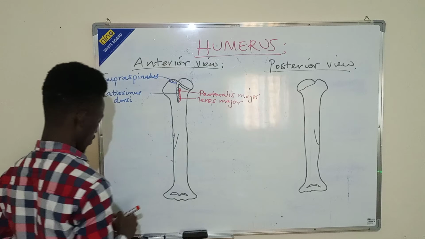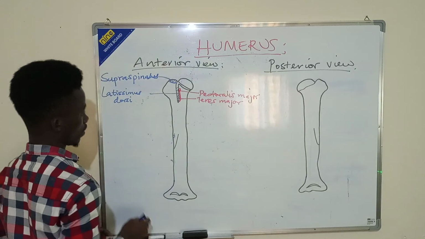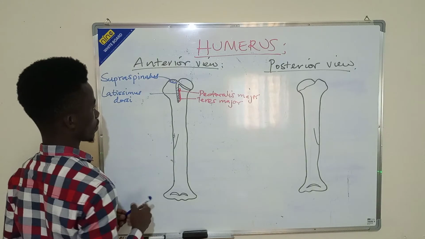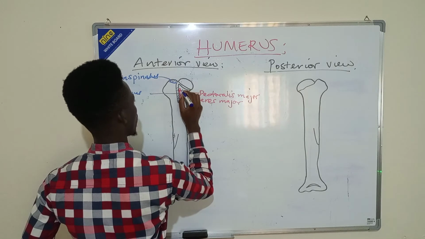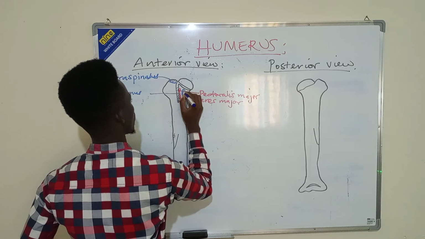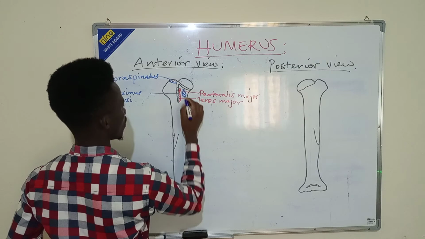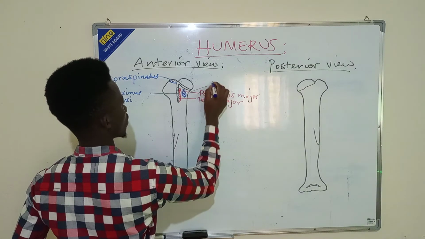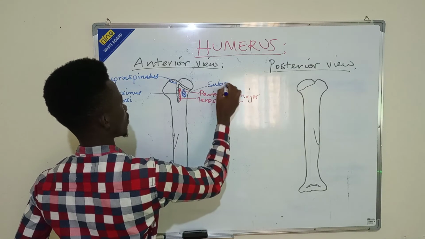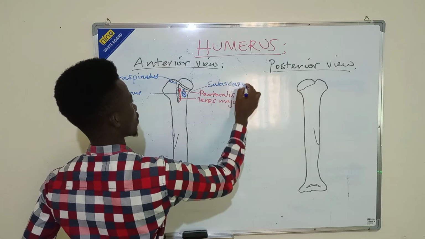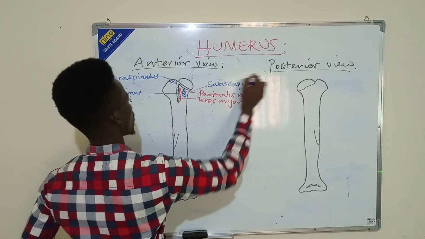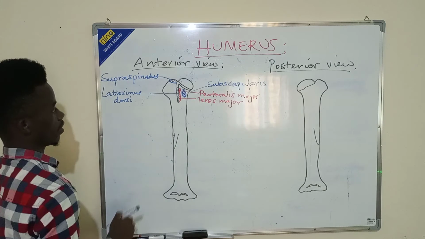Then we have the muscle that originates from the subscapular fossa of the shoulder blade, and this is known as the subscapularis muscle.